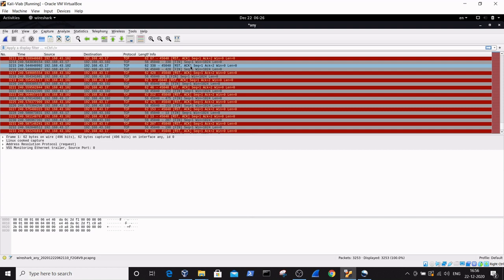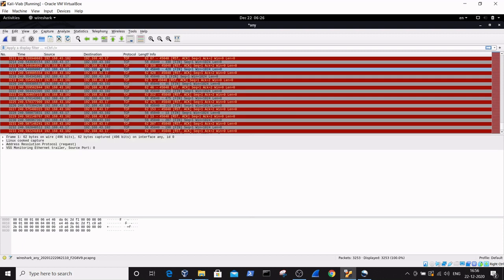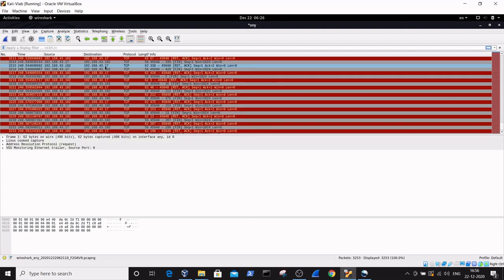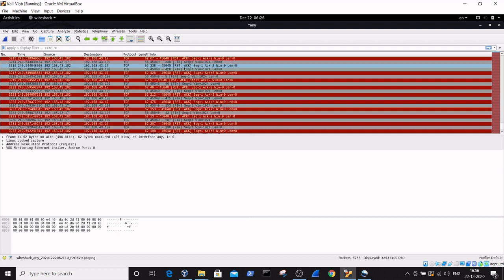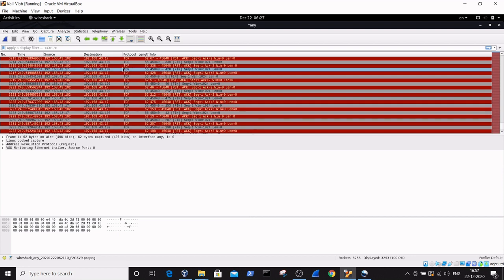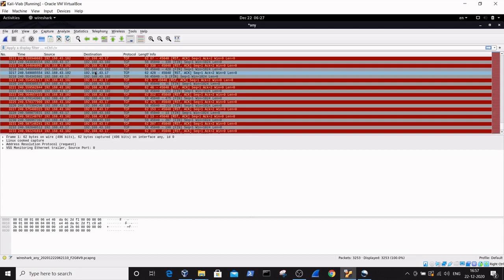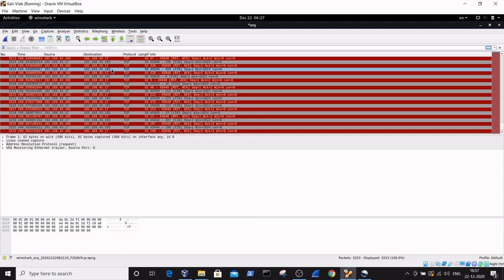These RST ACK packets are the reply from the target to the host machine of IP address 192.168.43.17, and from the target we got the RST and ACK packets, and we have given the FIN packets to the target IP address 192.168.43.102 for all these port numbers.